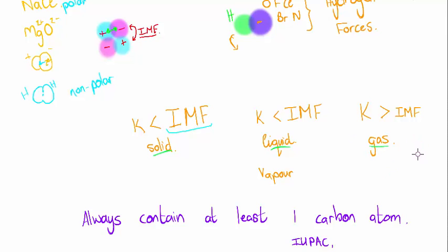Yeah. Justify that answer. Under standard conditions as well. Standard conditions means a pressure of 1 atmosphere, temperature of 25 degrees Celsius, and concentration of 1 molar. So methane is a gas. Methane is a gas. Yeah.